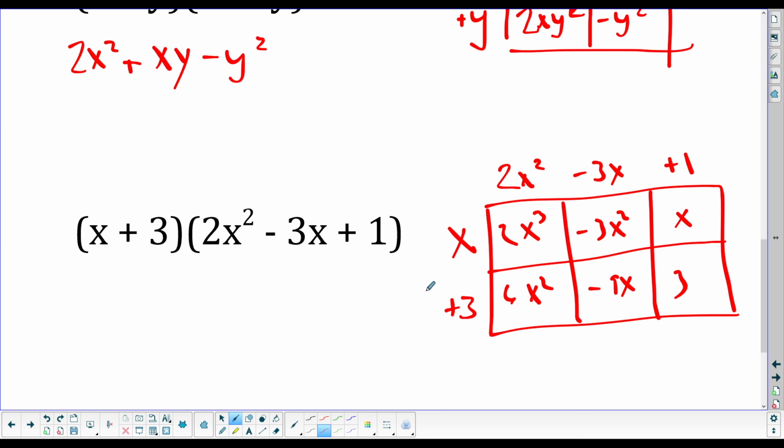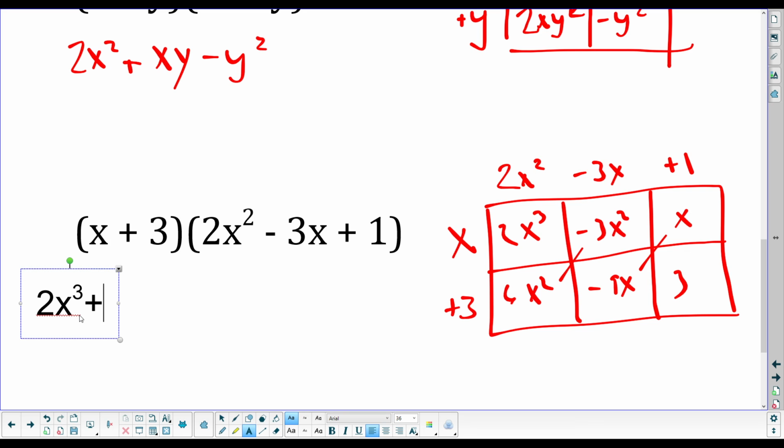Okay, so now I still need to combine these. Add these all together. I've got like terms here and here, on those diagonals, and I've also got another set of like terms here and here. So the x's, and then the x squareds. I'm going to type this out because my software is kind of messing up a little bit, but I get 2x to the third power plus, and then I've got 6x squared minus 3x squared.